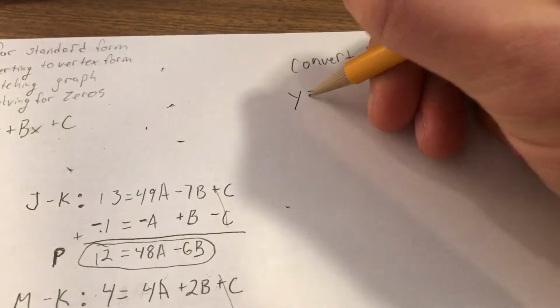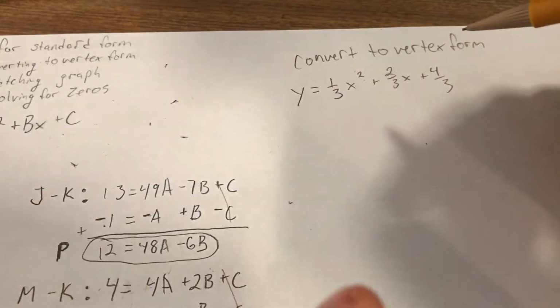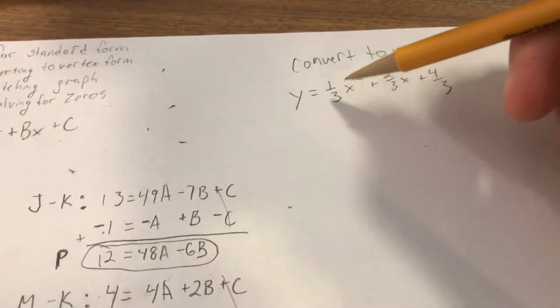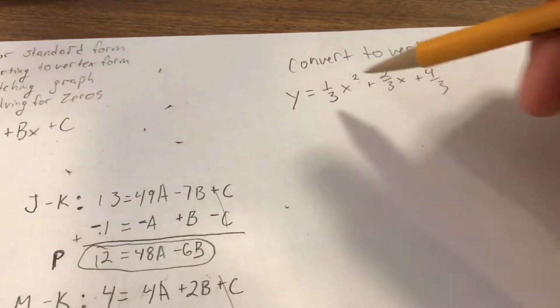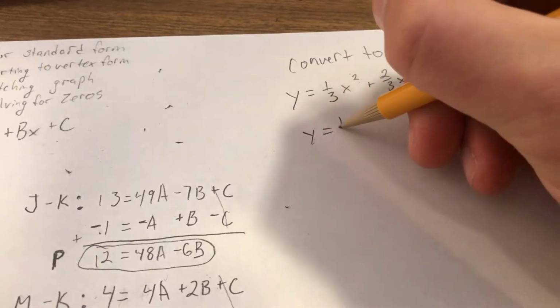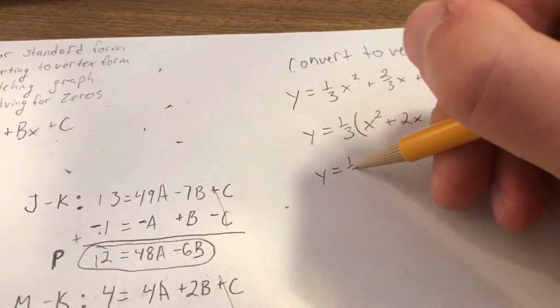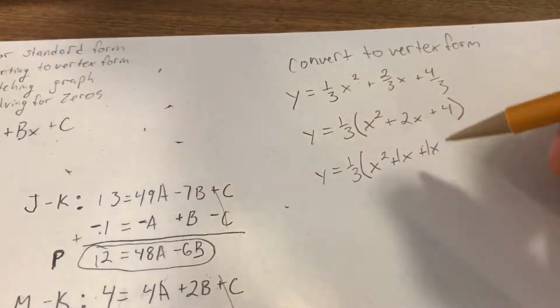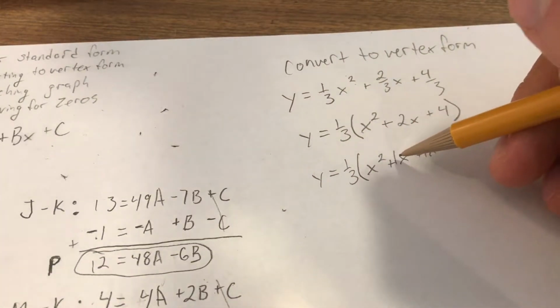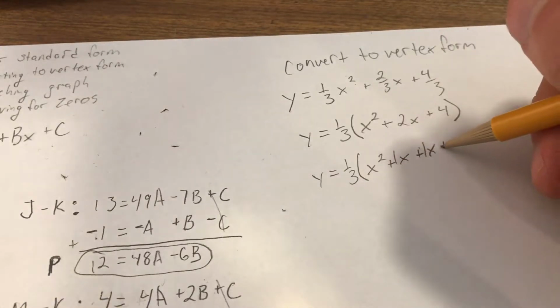From there, we're now going to be converting to vertex form. So the first thing I want to do is deal with this a. So a is 1/3. If I factor out a 1/3 from each of these numbers, I'll end up with this right here. From there, I want to complete the square. Because I know that this will be split into a 1x and a 1x, I know this number multiplied times itself is going to be a 1.